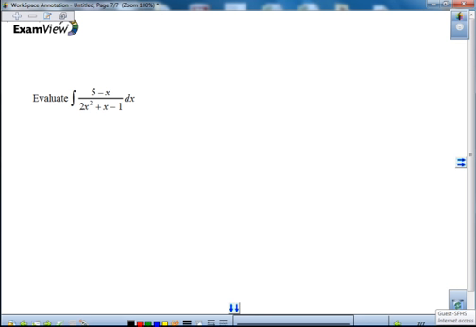Okay, so number 6, to evaluate this integral, we're going to use partial fractions. This is the same as 5 minus x. If I factor the denominator, I get 2x minus 1, x plus 1. So I'm going to rewrite this as a over 2x minus 1 plus b over x plus 1.